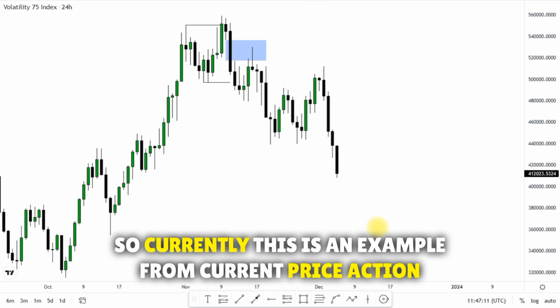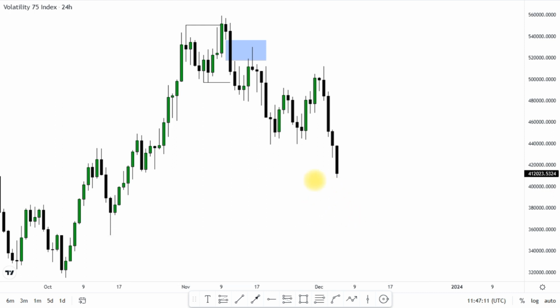So currently, this is an example from current price action. So again, the same things. Price creates a high, then creates a low, right? All the while from way back down here, price is creating higher highs and higher lows, right? So it's been bullish.